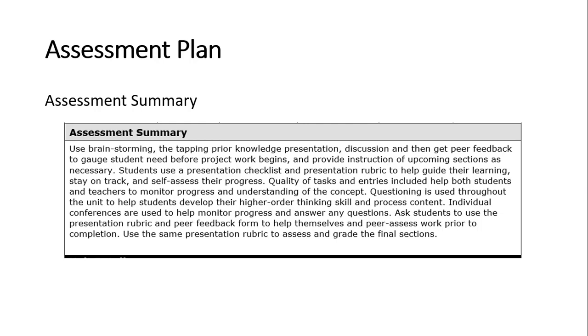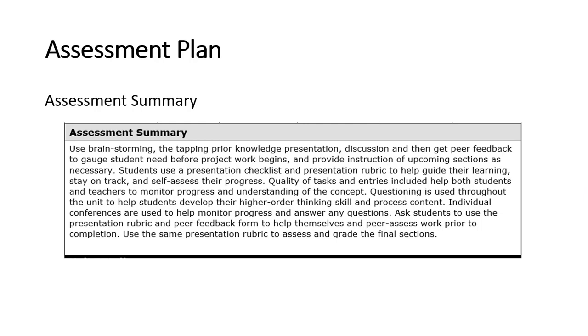For the assessment summary, we use brainstorming, tapping peer knowledge, presentation, and discussion, and then get feedback on what students need before project work begins, and provide instruction on upcoming sections as necessary. Students use a presentation checklist and a presentation rubric to help guide their learning, stay on track, and self-assess their progress.